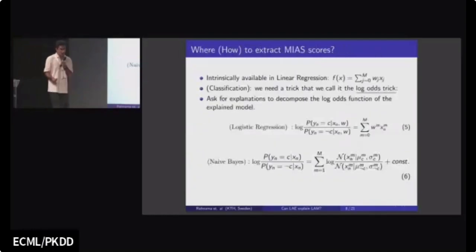So where are these MIAS scores, model intrinsic additive scores? They exist in linear regression. You just need to take each of these WJ, XJs for each feature and use a similarity metric. It's nothing complicated, but we wanted to also have them for classification models. For that we had to change something. We could not explain the predicted score.